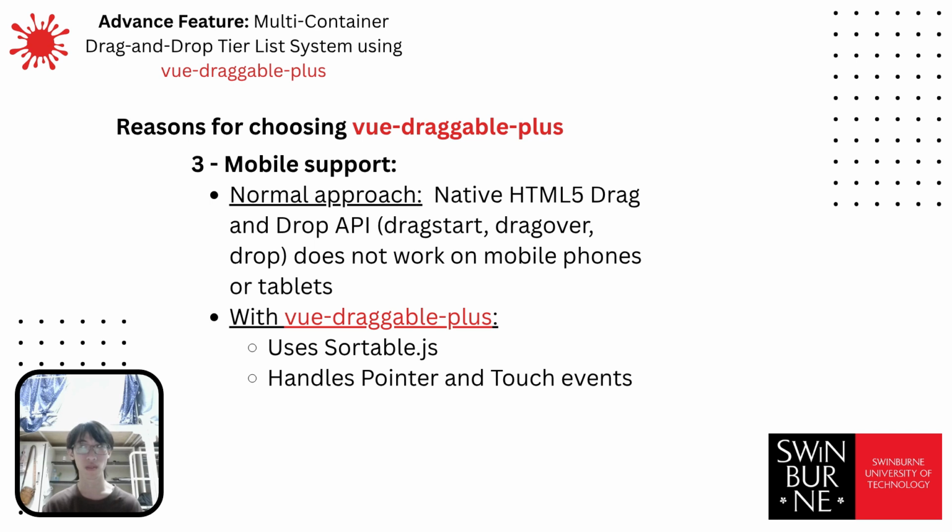To support touch screen devices, we would have to write custom touch event handlers like touch start, touch move, touch end. If we use Vue Draggable Plus, it uses Sortable.js under the hood, which seamlessly handles pointer and touch events. The tier list works on mobile browsers instantly without writing extra code.